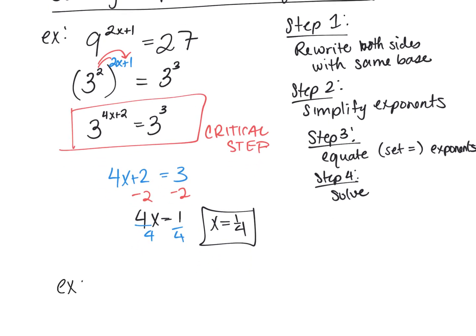And that's our final answer? We don't need the base? That's our final answer, because we know the base in the equation is 3. We want to know what value of x makes the equation true, so we're still solving for x.